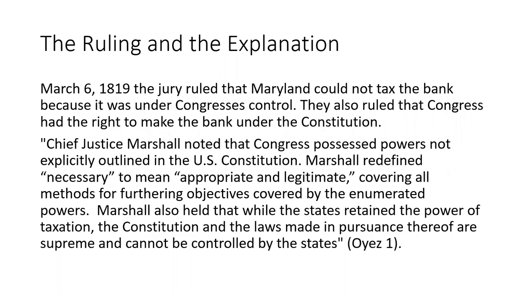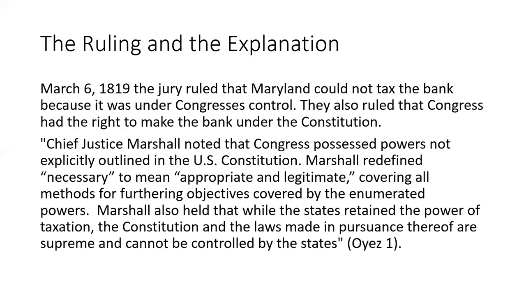The ruling of the Supreme Court was that Maryland could not tax the bank because it was under congressional control. And on top of that, they also ruled the fact that Congress could make the bank. Their reasoning was due to the necessary and proper clause, the idea that in order for Congress to carry out its powers, specifically the power of controlling and regulating commerce, they needed to have banks.